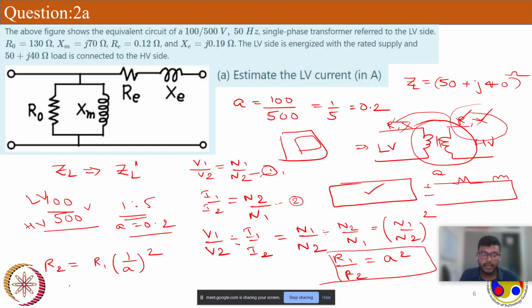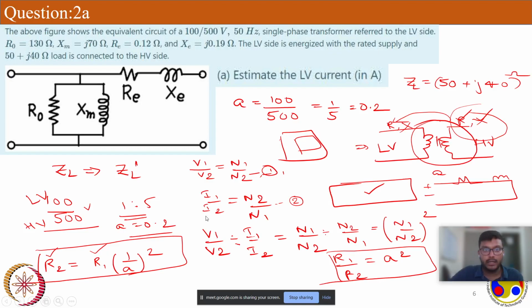If we want to calculate any other sides, we have to multiply whatever parameter you are taking with the turns ratio. Now we got this relation from whatever we derived, right? And now we know R2. Let's say R2 is HV side. Now R1 is LV side. A is nothing but the turns ratio. We know the turns ratio. We know the LV side. Now we are trying to refer HV side parameter into primary side.